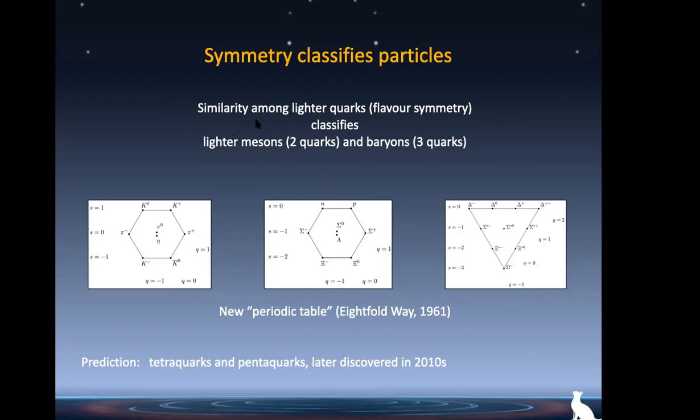So the 3 lightest quarks, the quarks U, D, and S, are relatively similar to each other. And you can use this symmetry between the 3, which is called flavor symmetry, by the way, to classify the lighter mesons made of 2 quarks and baryons made of 3 quarks.